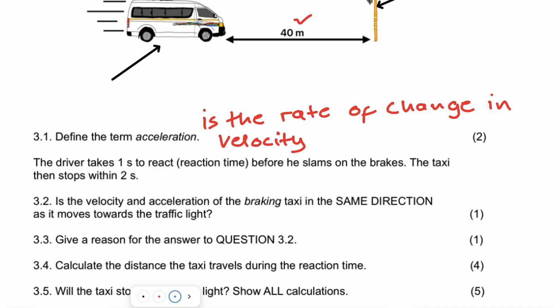The word rate means we are dividing by time. And what are we dividing? We are dividing the change in velocity. So in other words, acceleration is equal to change in v divided by change in time. That's what acceleration is.